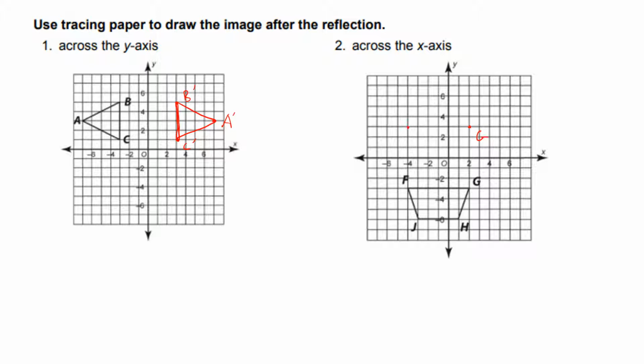So G prime and F prime, and then J is going to be 1, 2, 3 more, so this is J prime, and then H prime. So there you go. That's the reflection about the x-axis.